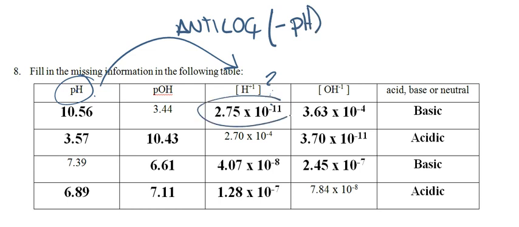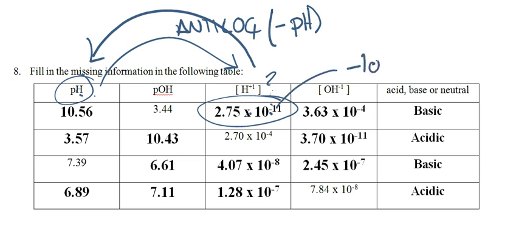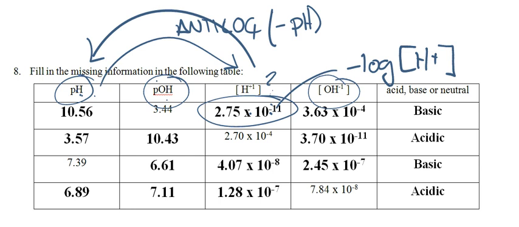And now it'll give me my concentration. And then if I want to go back this way, in other words, I know this and I want to find the pH, then I take the negative log of this value of the concentration. Okay? And then vice versa with the hydroxide and the hydrogen. So the hydroxide and the pOH, I'm sorry.